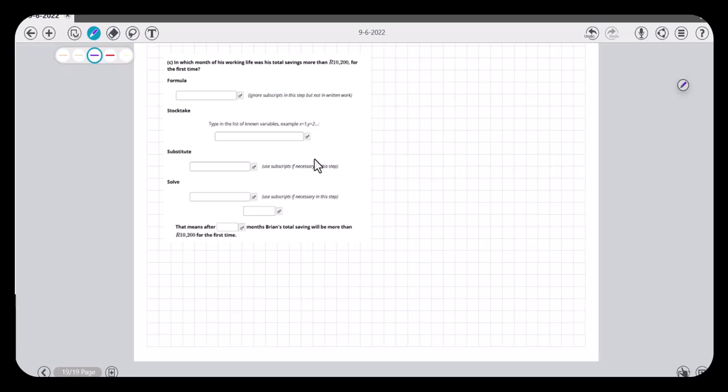All right, and so then the last part of this says, in which month of his working life? As soon as I see which month, that tells me that I am going to use the last formula, which is S equals A times 1 minus R to the N, divided by 1 minus R. That's the same formula I'm going to use, but notice once again it's asking in which month, so I'm going to have to solve for N. S of N, because I don't know that value yet.